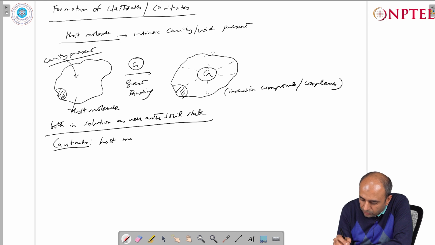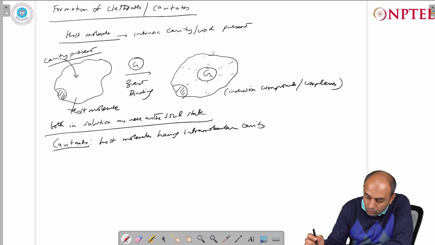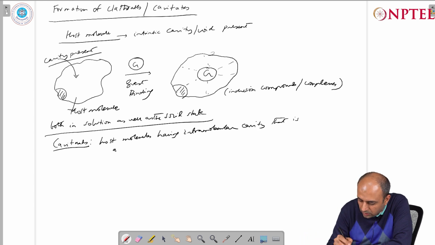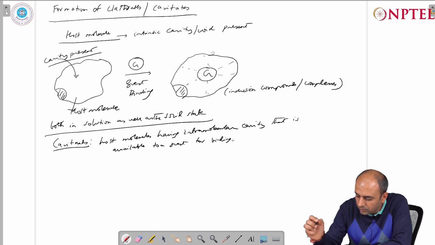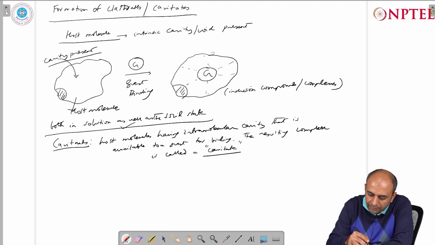These are host molecules having an intramolecular cavity that is available to a guest for binding, and this particular cavity stays both in solution as well as in the solid state, and the resulting complex which is the inclusion of the guest in the cavity of the host is called a cavitate. So, this is a cavitand and this is a cavitate.